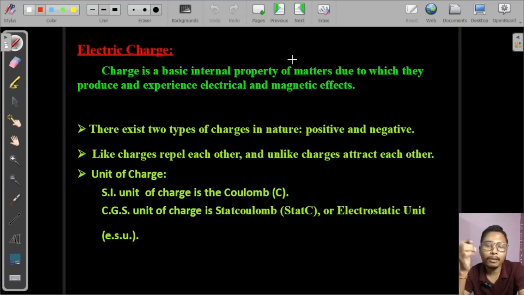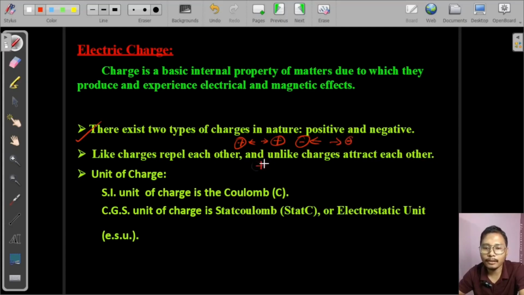There are two types of charges. One is positive, another is negative. Like charges repel each other and unlike charges attract each other. Like charges means charges of the same sign, they repel each other.